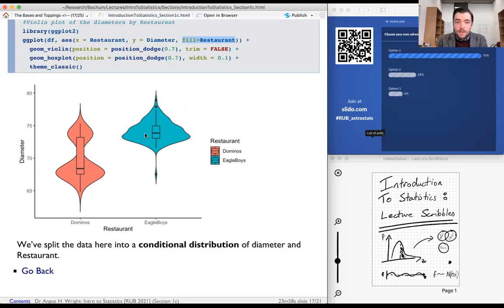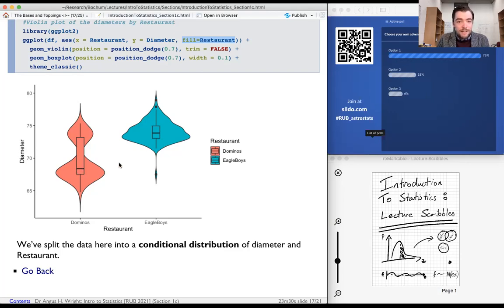And therefore, if you knew nothing else about this data set, if you had no more information, then you would say the median diameter, given by the line in the box plot, of a Domino's pizza is of order 68 units, which I'm now going to tell you is centimeters, which will horrify most of you, I'm sure.